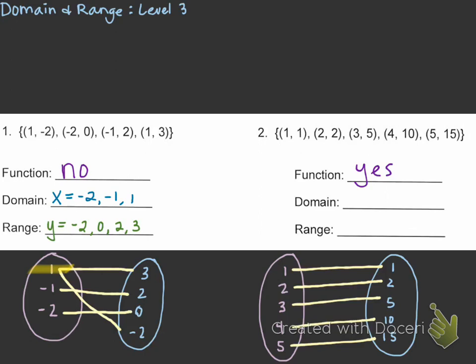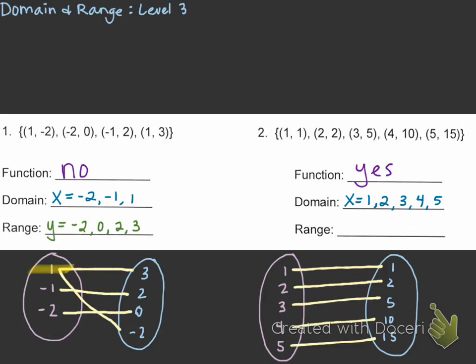All right, so domain, once again, is all of our x values that make up our function. So we want to write this in increasing order. So we have x equals, our first input is 1, then we have 2, 3, 4, and 5.